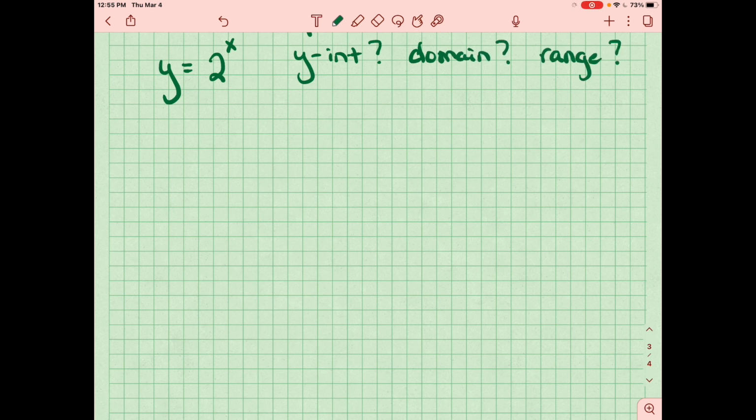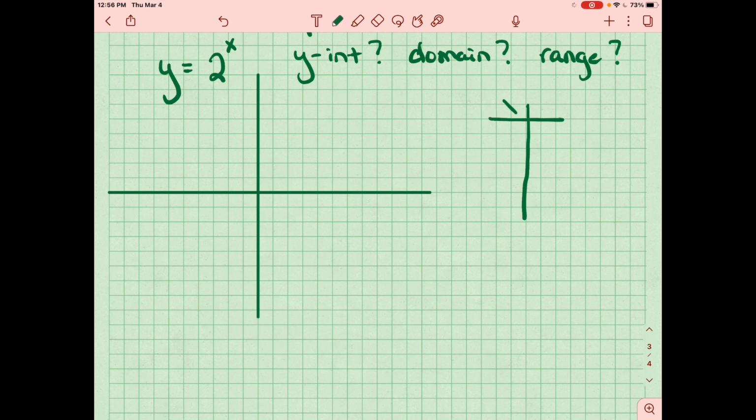Okay, so if I want to graph this, I could make a little table of values. I don't need a whole lot, but let's try something negative, like -2, and then 0, and then 2.